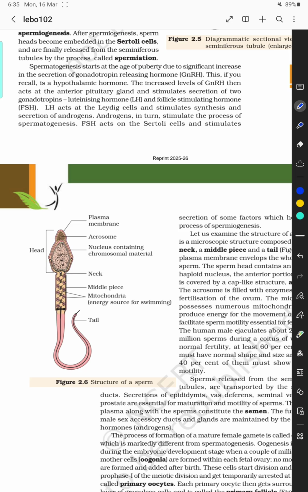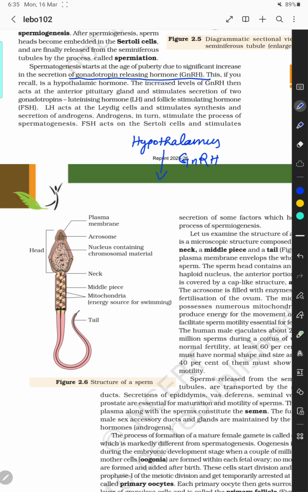It starts with the release of a hormone from the hypothalamus. The hypothalamus releases a hormone that is GnRH, gonadotropin releasing hormone.